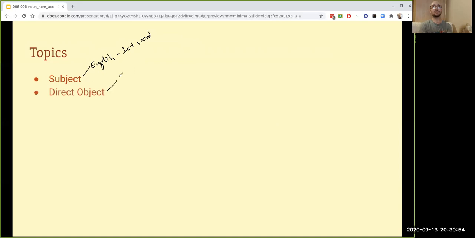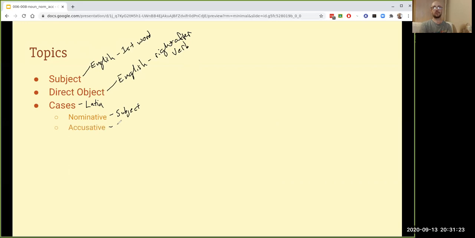The direct object in English, we can usually identify because it comes right after the verb. But in Latin, we didn't use that. Instead, we relied on cases. And the nominative case shows you when you have a subject, and the accusative case shows you when you have a direct object, among other things that we'll talk about later.